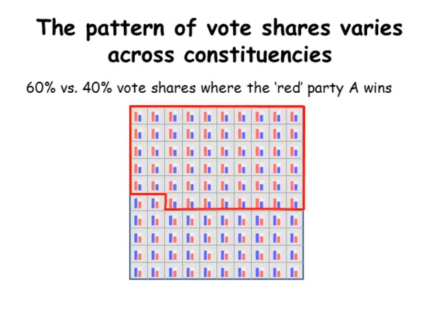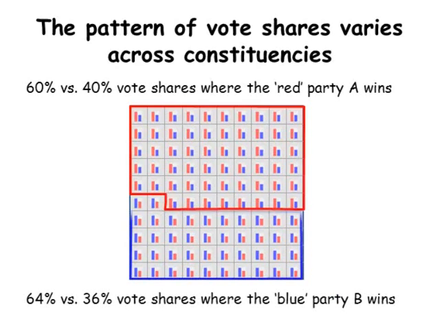But in the other remaining constituencies, we're going to assume a slightly different vote distribution. Here, we're assuming that the party that wins, in this case the blue party, wins with 64% of the vote, and the party that comes second gets 36%. So there's a difference in the vote distributions in the two sets of constituencies.